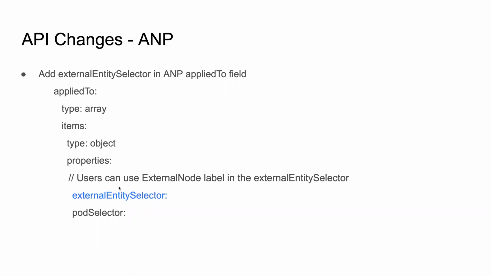I want to mention that users can use external node labels in the external entity selector. It is because we see external node as a kind of external entity, so you can use the external node label directly in the external entity selector to choose the appliedTo VMs.